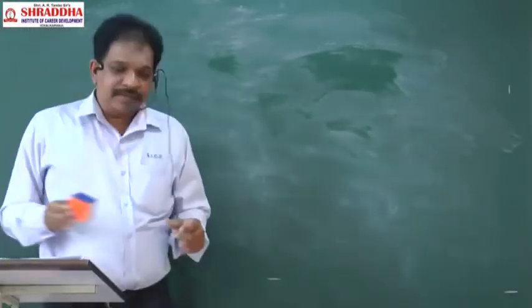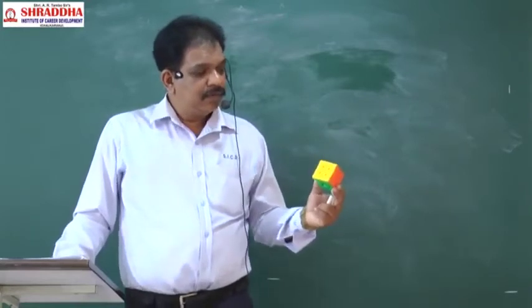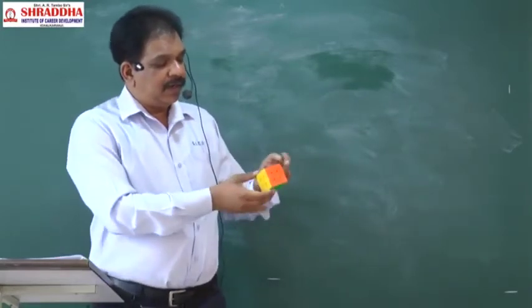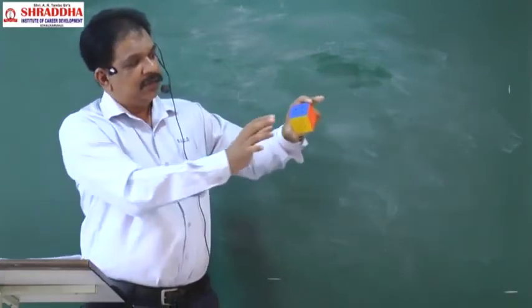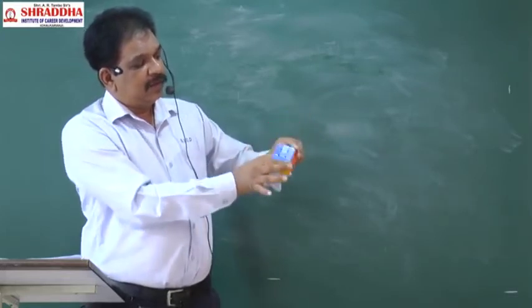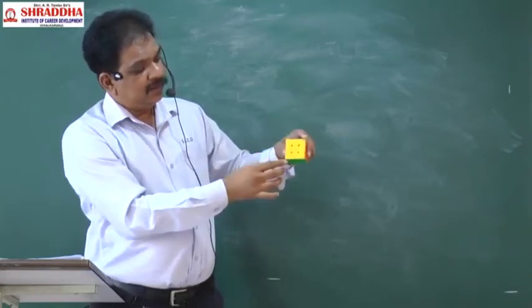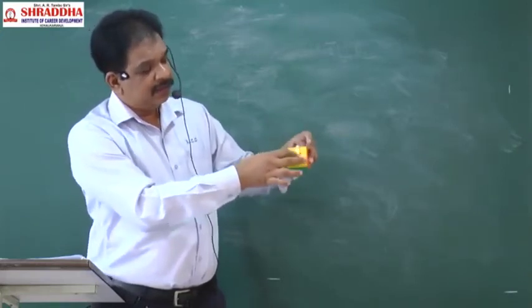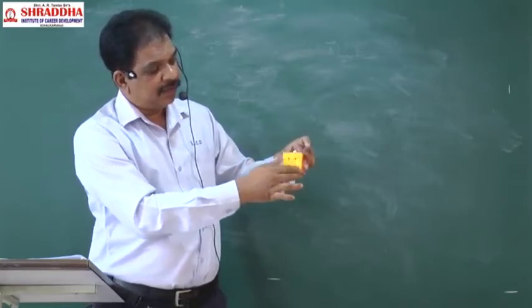So this will be a cube. Visible? This will be one diagonal, this one. This is one more diagonal. This will be called what? Face diagonal. Here to here it is there, na? This will be called face diagonal. This is also a face diagonal.